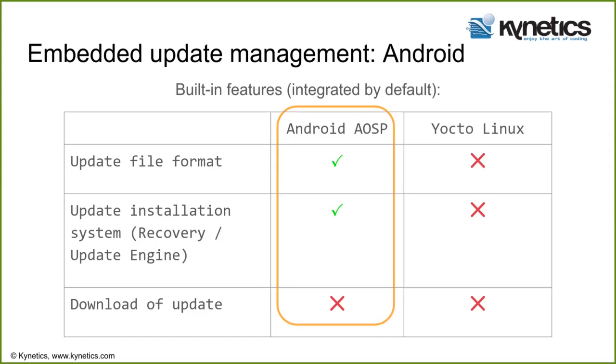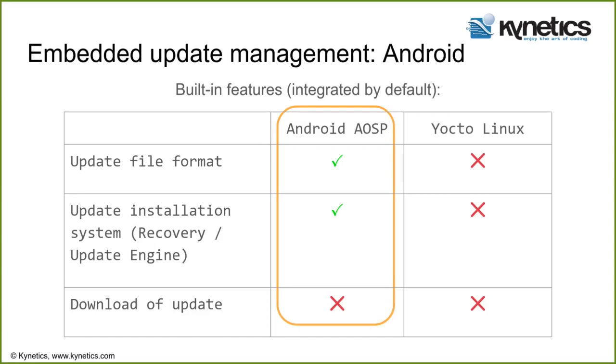The format of the update file is a de facto standard in Android, and that's what smartphones are using as well. So a very good technology. So there's both an update file format and all the frameworks that are needed to install that OTA or application.